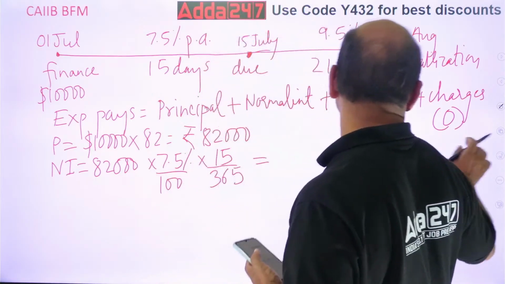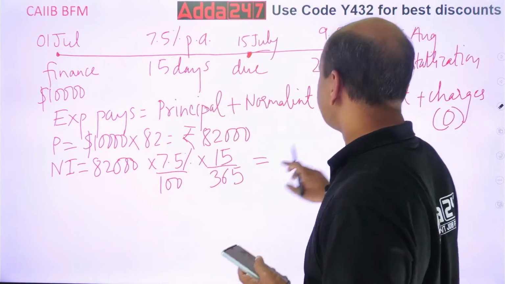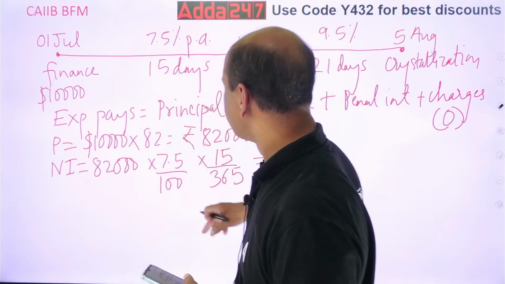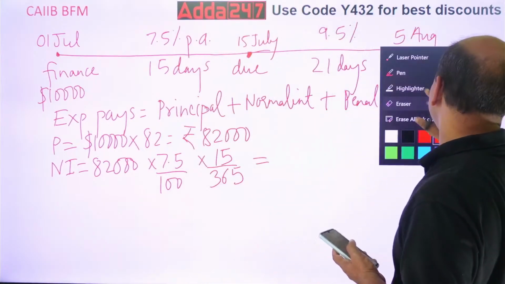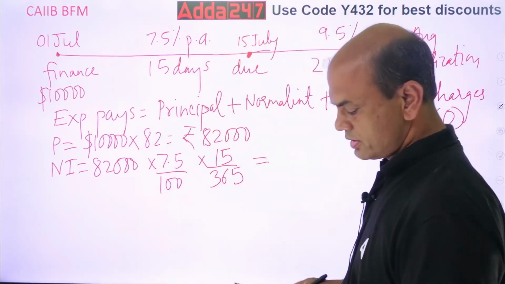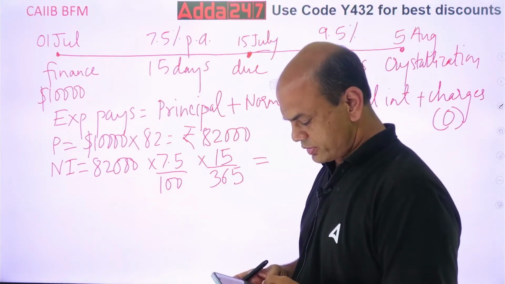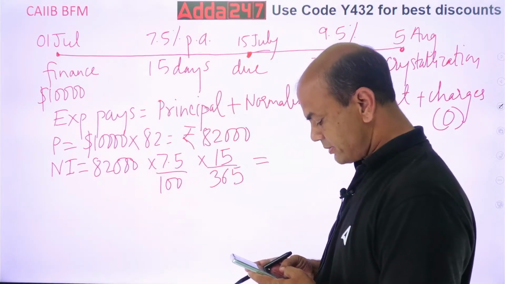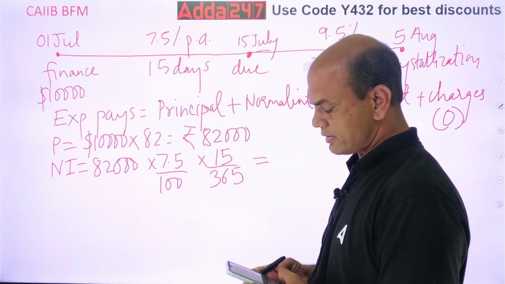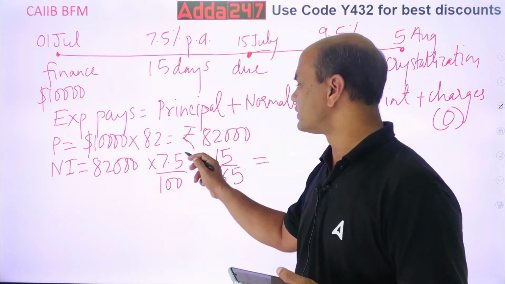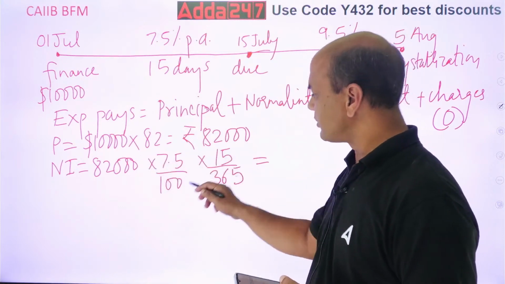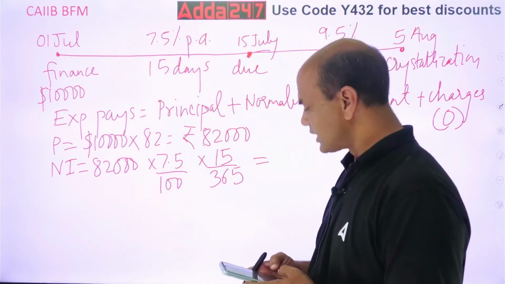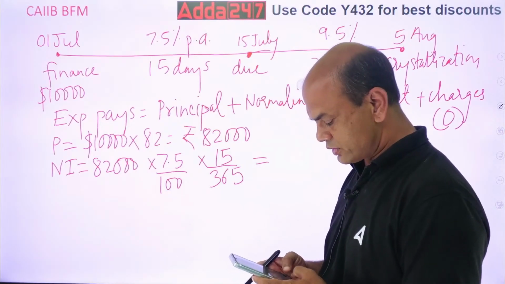So 82,000 into 7.5 into 15, first do the numerator, divided by 365 and 2 zeros.